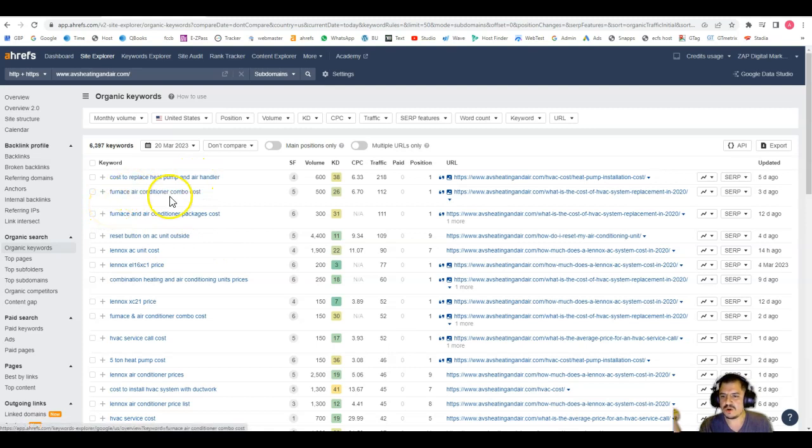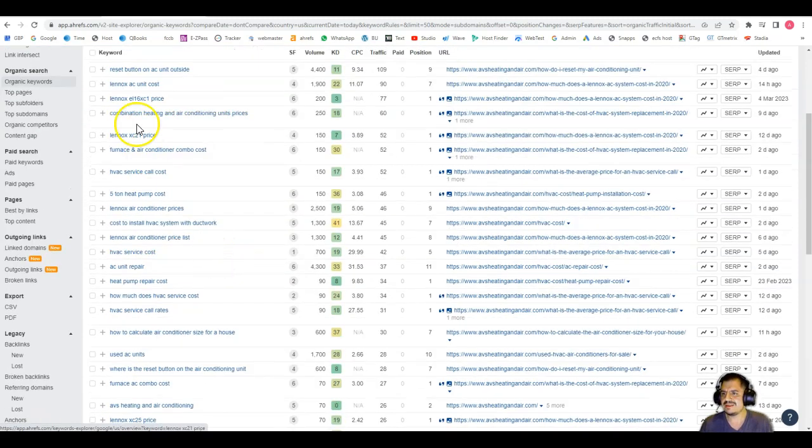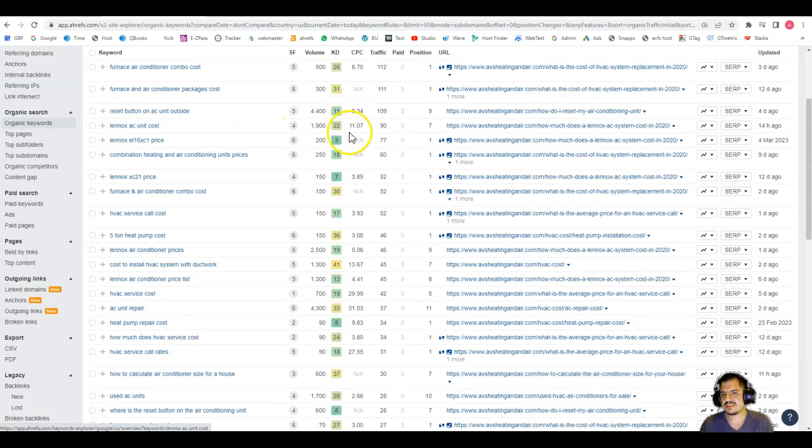Furnace air conditioner combo cost. Again, you're number one, and there are 500 searches. That's quite a lot of searches. Doesn't mean that's roughly 500 people in the whole United States in this case that are looking for this specific keyword. So Lennox AC unit cost. There are 1,900 searches a month.